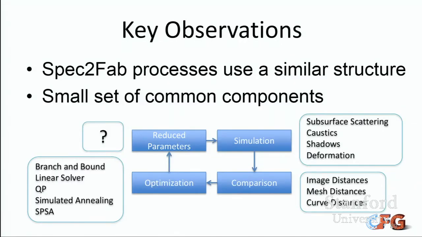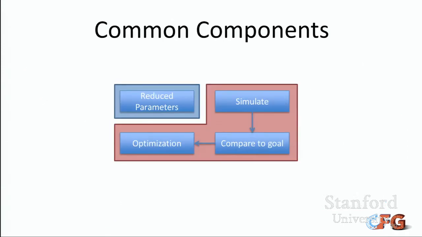When we look closer, each of these subcomponents has a number of different types of building blocks, and for simulation, goal comparisons, and optimization, people use very similar blocks. People don't really look much at how to reduce the space of possible parameters, and what the building components for that are. Okay, so we have come up with a set of data structures that are used to solve these problems.